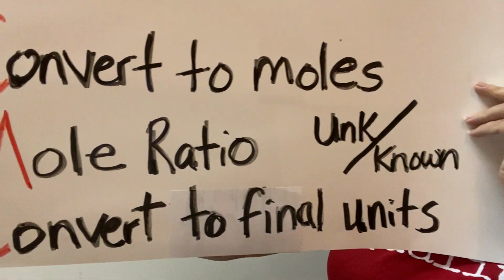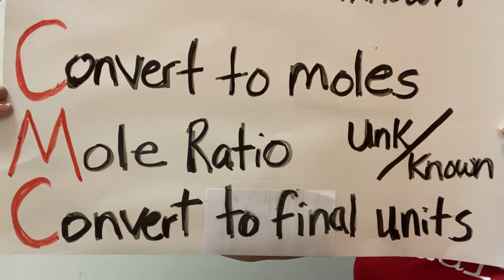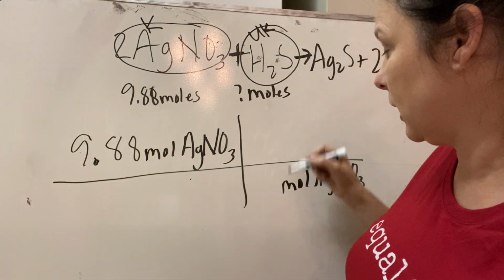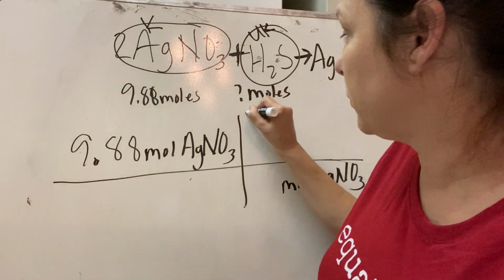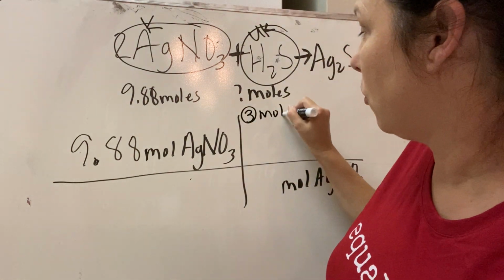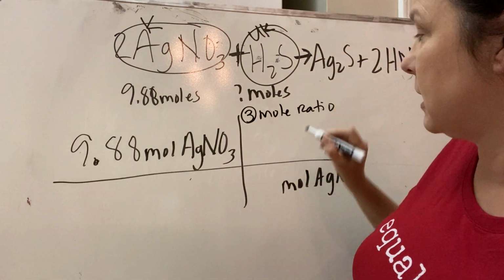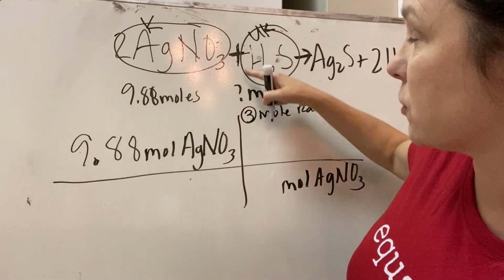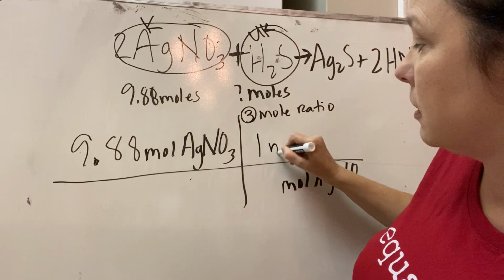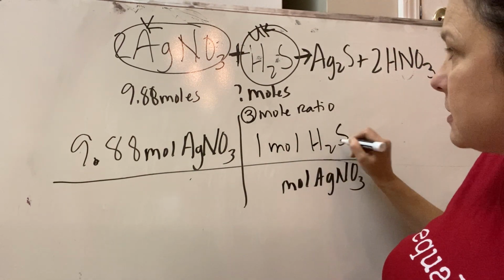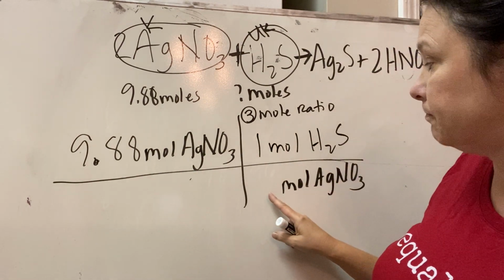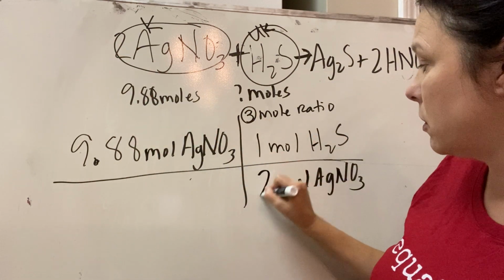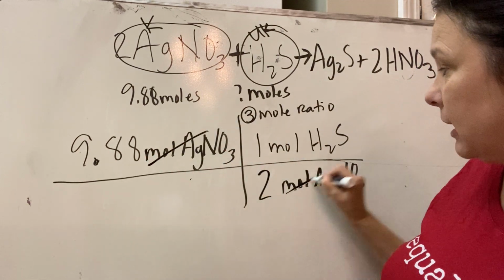The mole ratio. And if you remember, the mole ratio is unknown over known, okay? So that's what's going here. It's step 3. I'm just going to put a little 3 right here, mole ratio, just so you can see that. Okay, so it's unknown, which is this, and there's an understood 1 coefficient, so 1 mole H2S over the known, which is 2 moles of that. Cancel out.